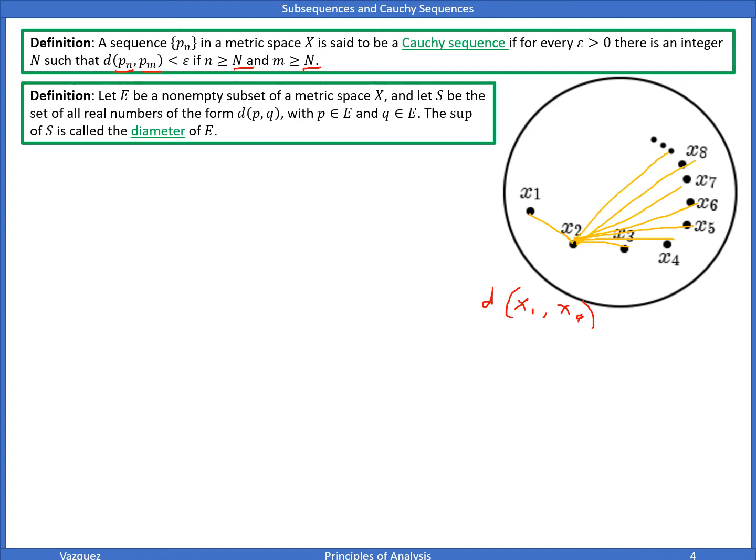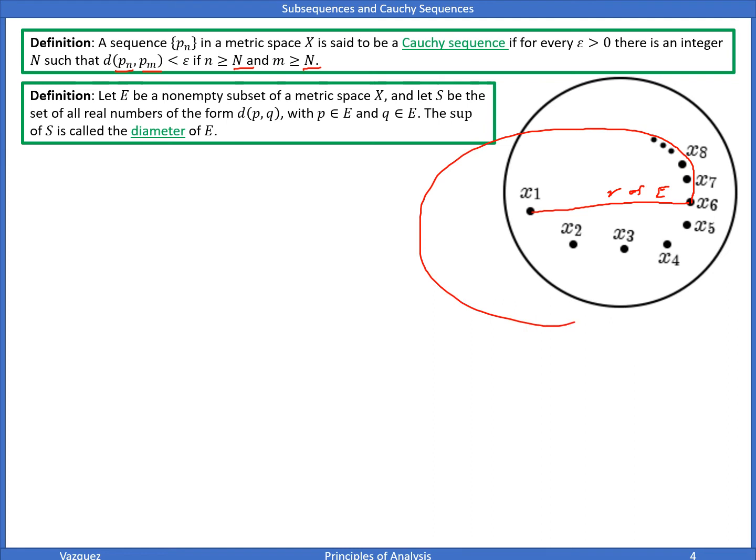You pairwise take all the distances and whichever is the biggest one is the diameter. So the diameter of E, let's say this was indeed the biggest distance, this would be the diameter of E. Right, and it would make a circle or something. But that's what it is.